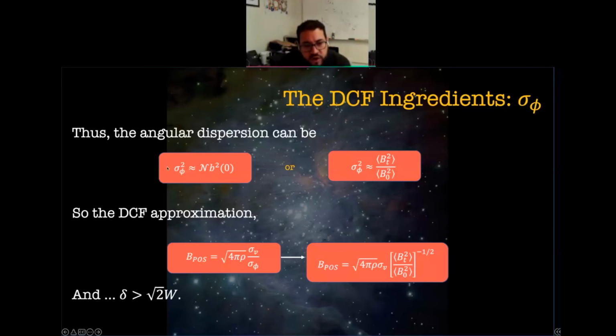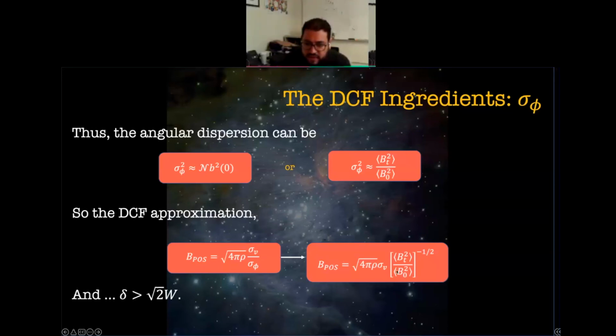And with a little bit of work, you arrive at the fact that the angular dispersion is just related to this fraction of the magnetic field energies, right? And if you introduce that into the DCF approximation that we had from before, it just turns into this case here.